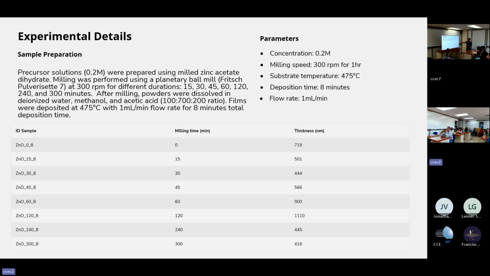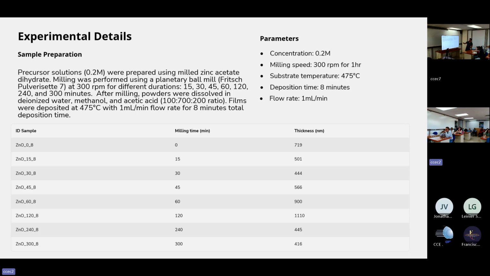The thickness of the films varied between 400 and 1,100 nanometers, depending on the milling time.